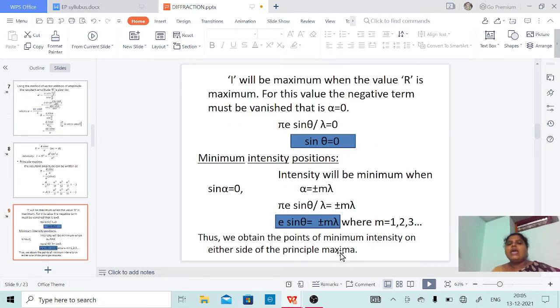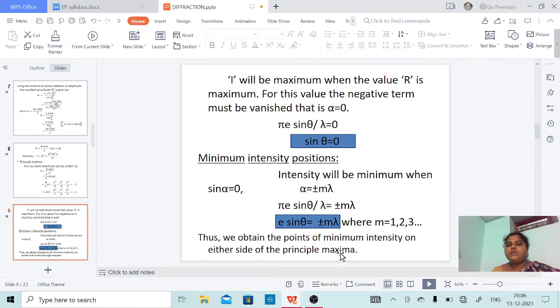Now I will be maximum when the value of R is maximum, since I is directly proportional to R square. For this, the negative terms must vanish, that is alpha equals 0. If it is squared, it also becomes a positive term.